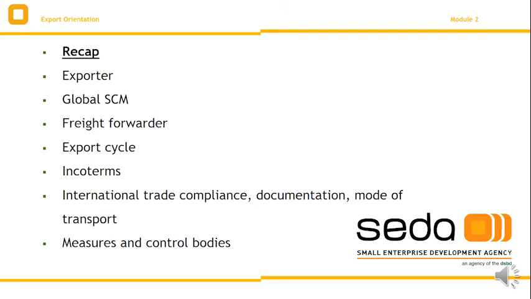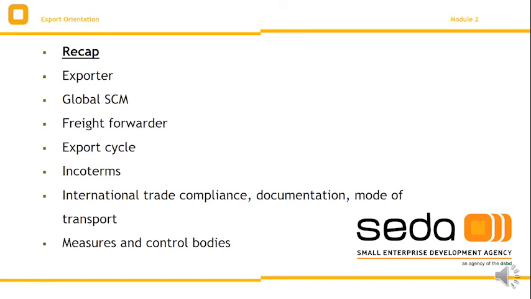We also looked at international trade compliance, as well as document confidentiality when it comes to how you protect the trade secrets of your company, and the important or sensitive information of your employees, your company, or your clients. We then looked at the different ways in which goods can be transported, highlighting also the fact that your decision on the way you are going to transport your goods is dependent on a number of factors.